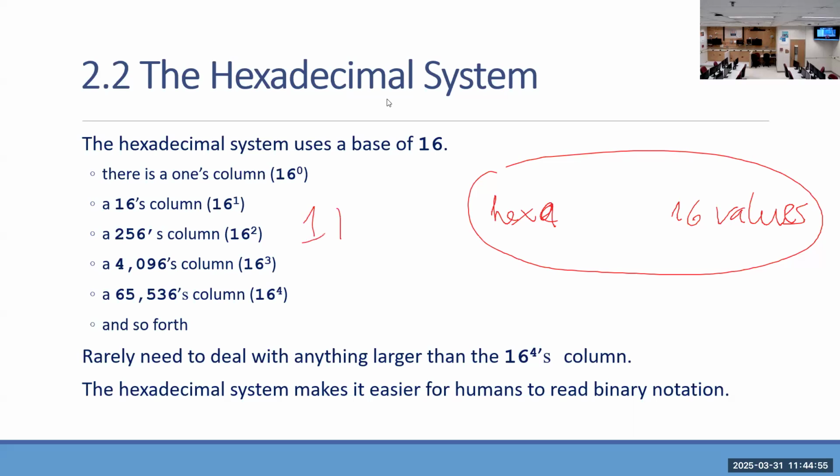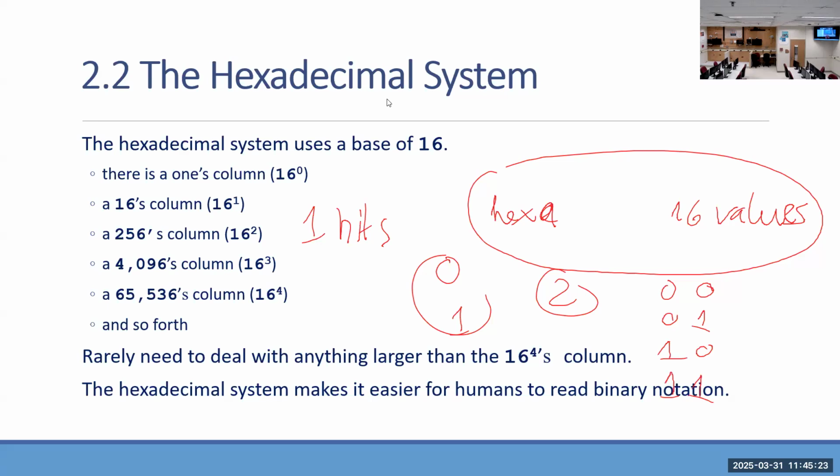1 bit you can represent by 1 or 0. That means 2 values here, right? 2 bits, how many values? If you have 2 bits, how many values can you represent? 4, right? You can see here 0 0, 0 1, 1 0, and 1 1. 3 bits, how many values can you do? 3 bits.